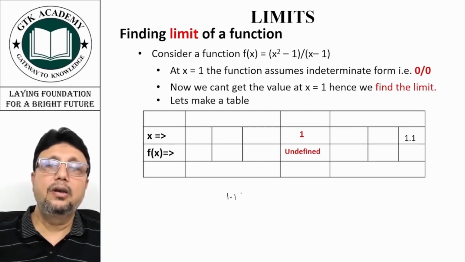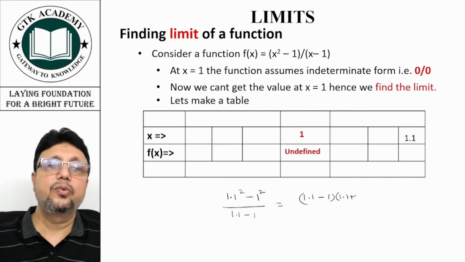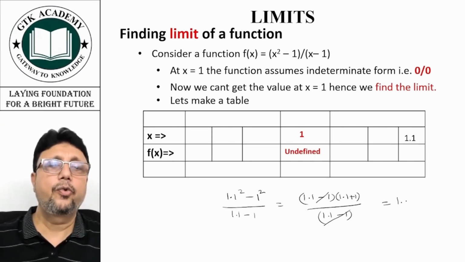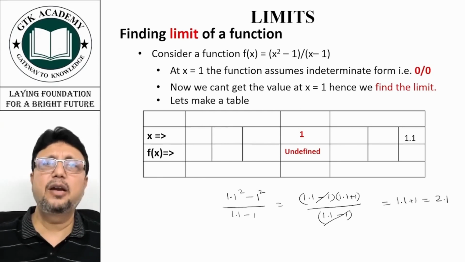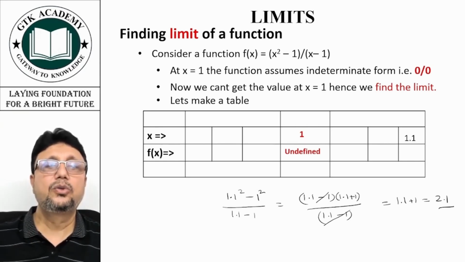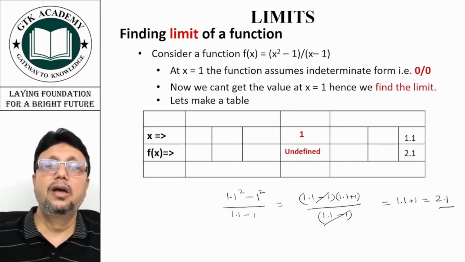So (1.1 whole square minus 1) upon (1.1 minus 1), which is equal to, you can write 1 as 1 square, (1.1 minus 1)(1.1 plus 1) upon (1.1 minus 1). Right? So this will get cancelled. This will become 1.1 plus 1, 2.1. Even if you don't cancel and multiply, you will get the same 2.1. Right? So you got the value 2.1.